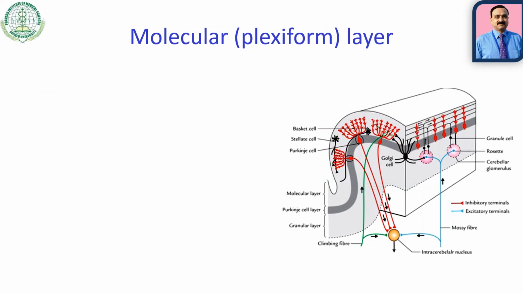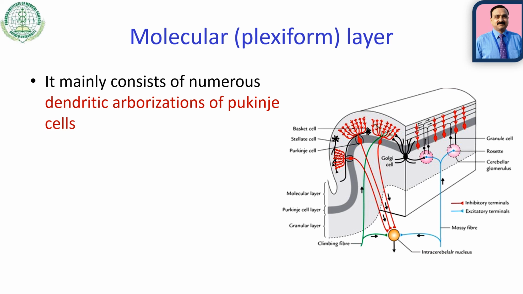Now coming to the molecular or the plexiform layer. It consists of numerous dendritic arborizations of the Purkinje cells. So you can see the outer layer is called molecular layer or the plexiform layer, which contains the dendritic arborization. So this is a flask shaped Purkinje cell whose dendrites are present in this molecular layer and axon is present in the granular layer, and the cell body is present in the middle layer called Purkinje cell layer.